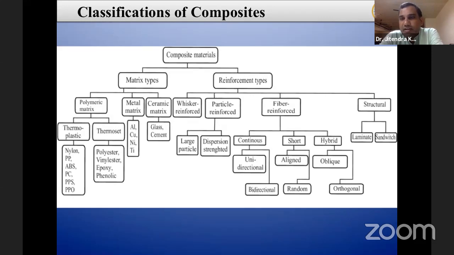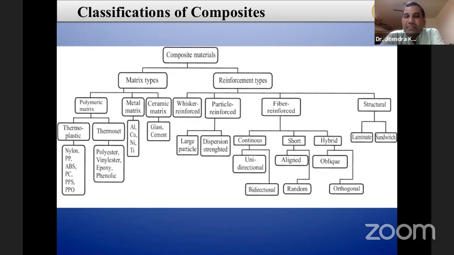In polymers, there are two types we use: thermosets and thermoplastics, and I hope we all know the basic difference between them. Metal matrix composites are used to fabricate brake material, brake liners, and other things. These metal matrix composites are used for high speed cars and Formula 1 cars.